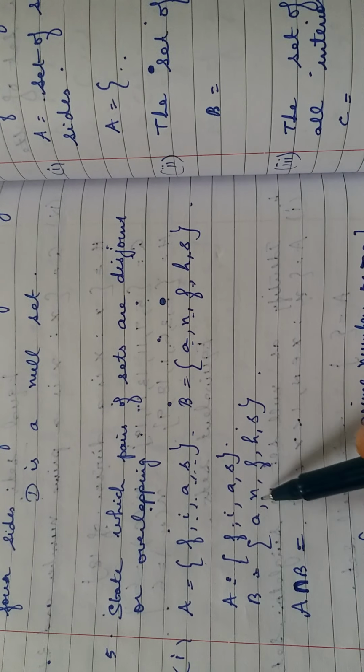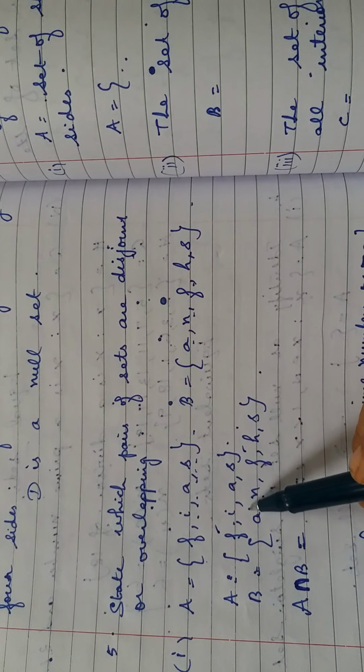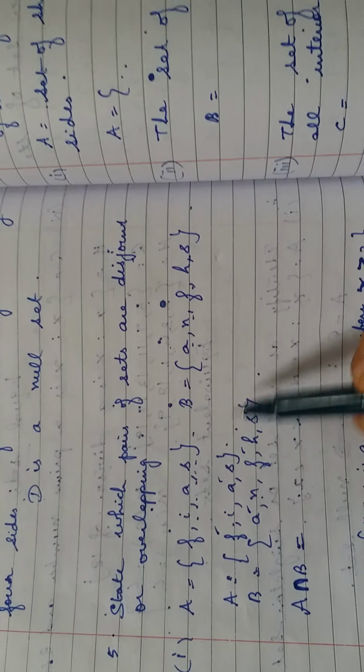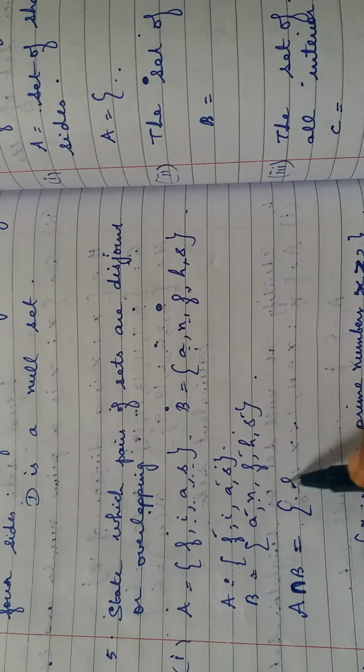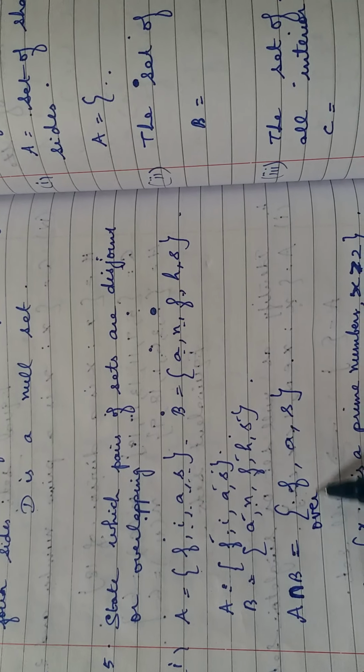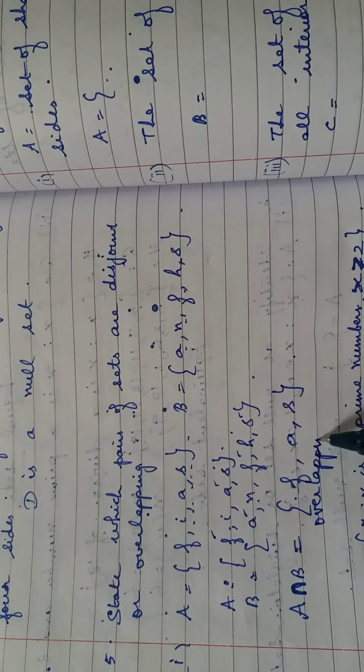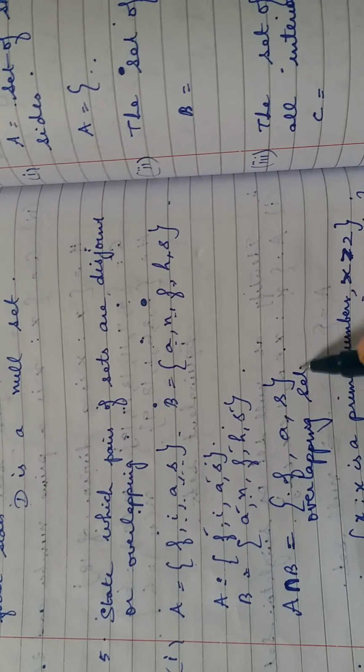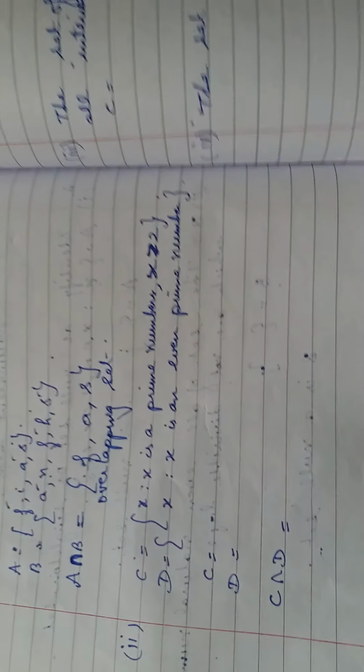Intersection means the common elements: F, A, S. So A intersection B is {F, A, S}. They are overlapping. If they have any element in common, it is said to be an overlapping set.